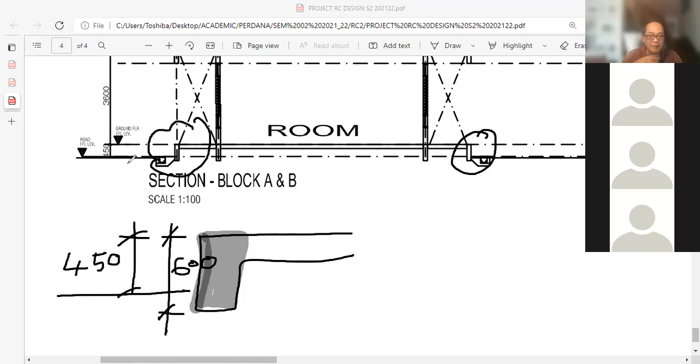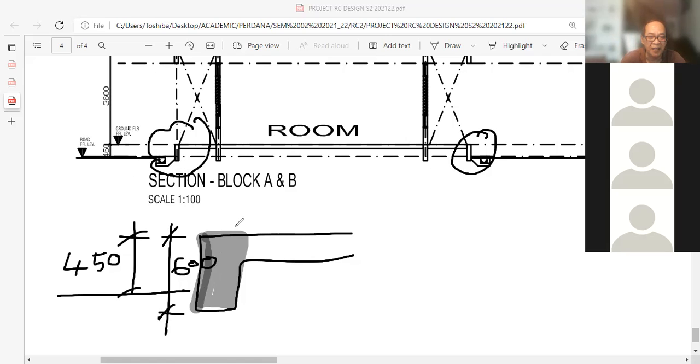So make sure, ensure, because the architect has indicated that the ground slab is to be 450 mm above the ground level. Therefore, the perimeter ground beam has to be deeper than 450 so that it covers the whole exposed condition.